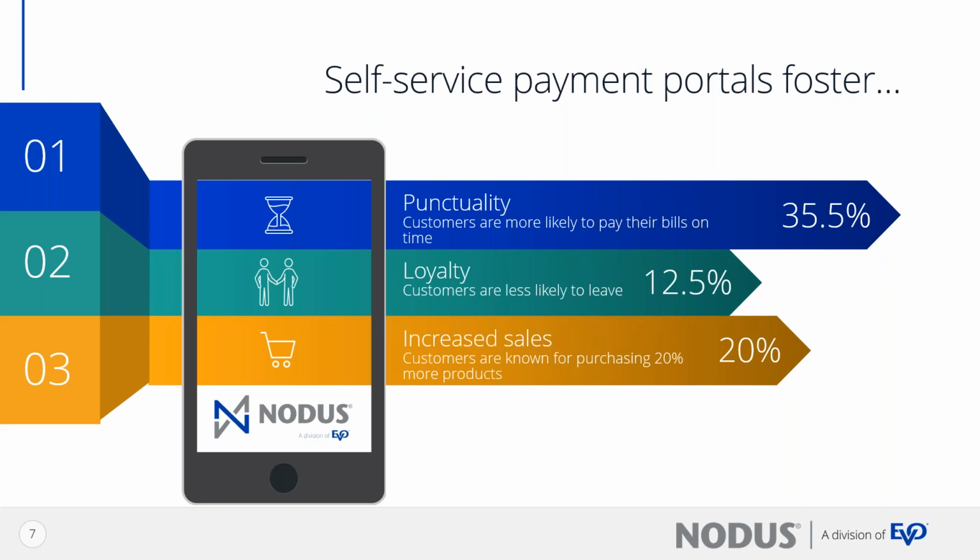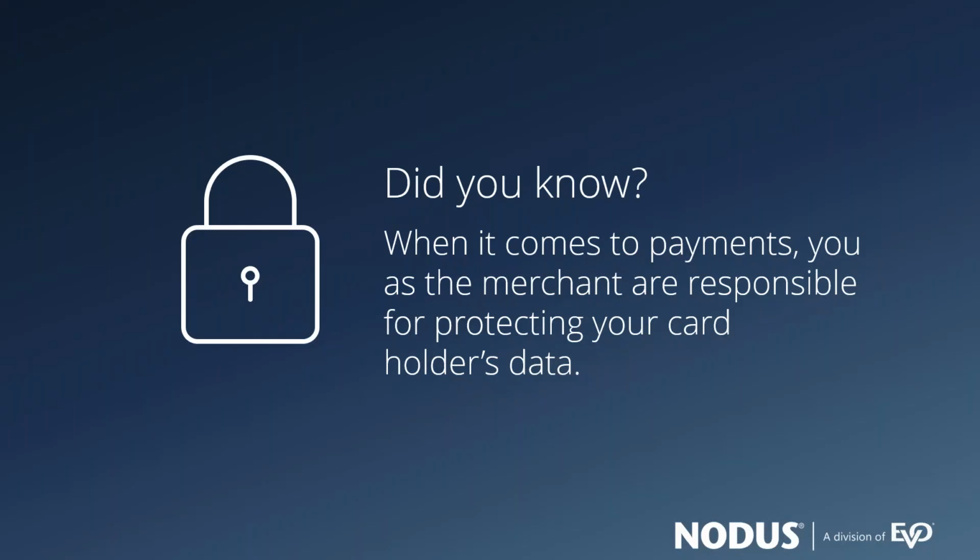So we talked about identifying some of the pain points. Then we talked about automating your AR process. The next subject that I want to talk about is probably one of the most important parts of this equation, the security side, and why having an automated AR is so important.